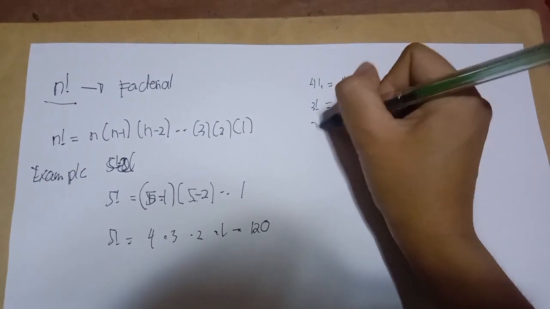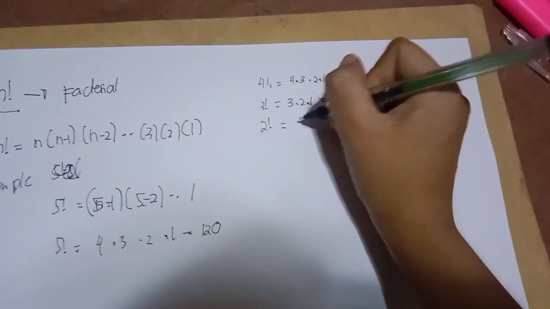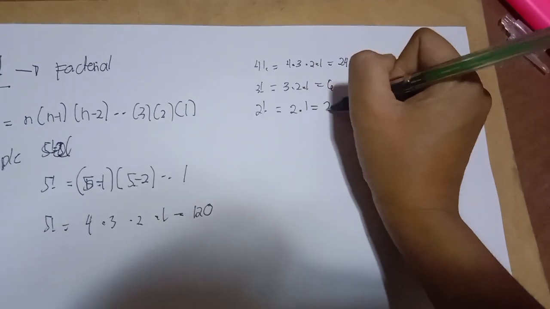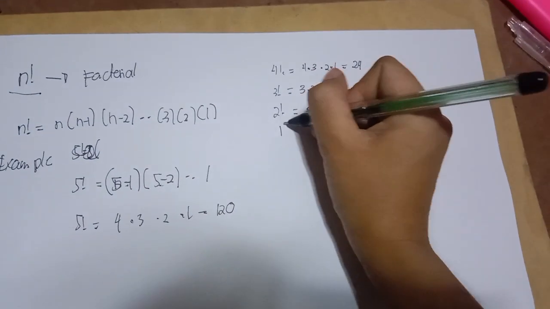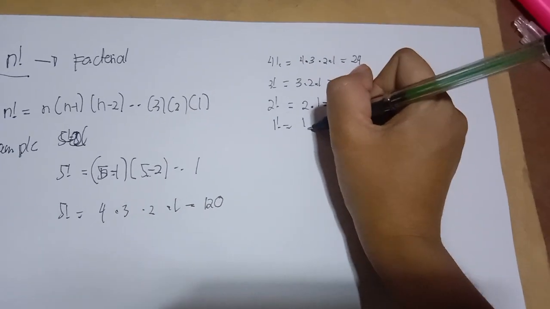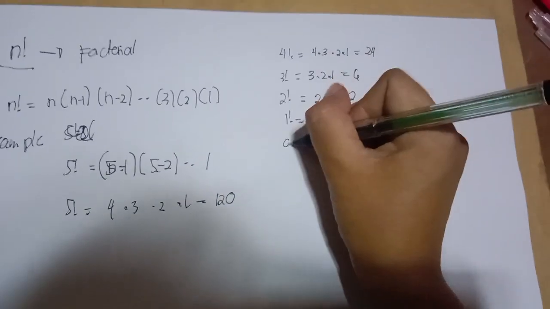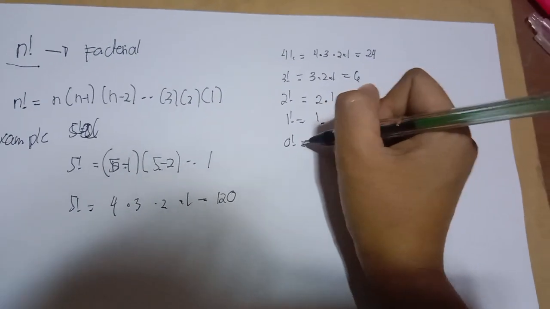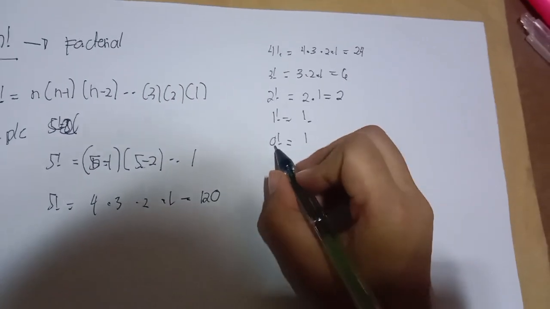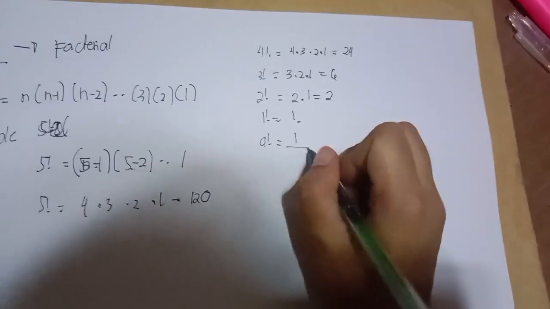Then 2 factorial equals 2 times 1, which is 2. Then 1 factorial, the answer is 1. If 0 factorial, the answer is also 1. Always, even if it's 0, the answer is always 1. Okay?